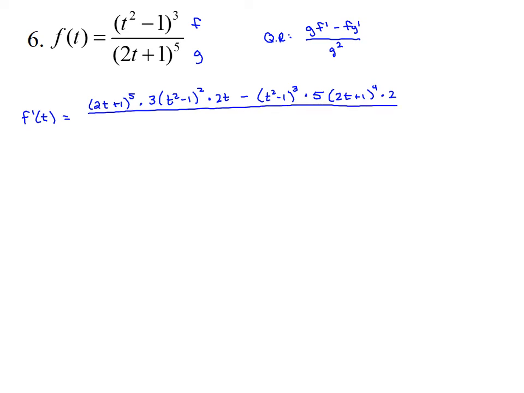And then where it becomes not as much fun, you now must take 2t plus 1 to the fifth, which is your g term, and square that whole thing.